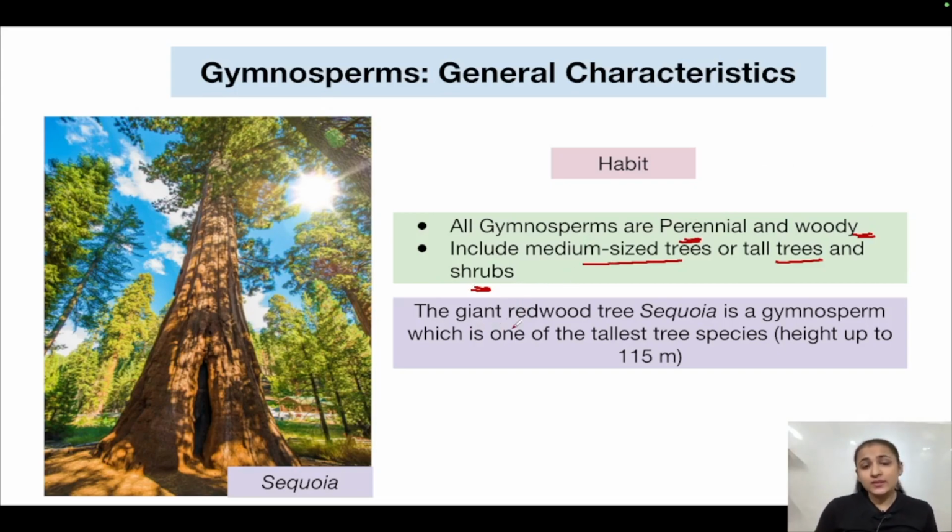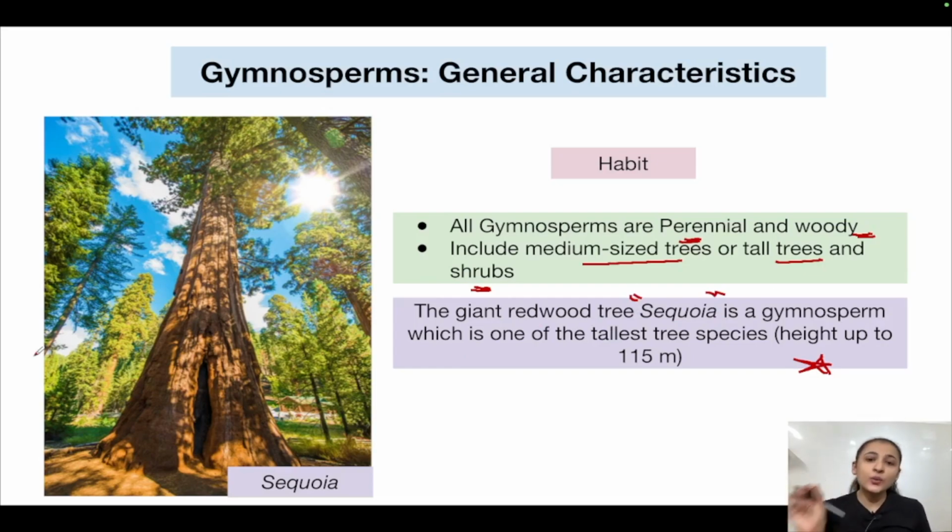Now, this is one of the very important examples, important from the NEET point of view as well. So please remember this point: the giant redwood tree, which is also known as Sequoia. Sequoia is the scientific name of this giant redwood tree. In this image, as you can see, this is a very tall tree.